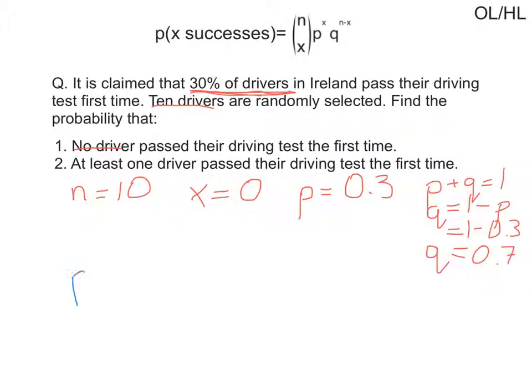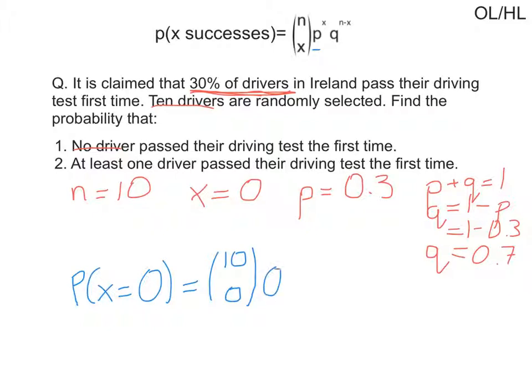So the probability that the number of successes, x, is equal to 0, is equal to n, which is 10, choose 0. Please see the video on combinations if you are unsure of this notation. If we go back to the formula, next we need p to the power of x.